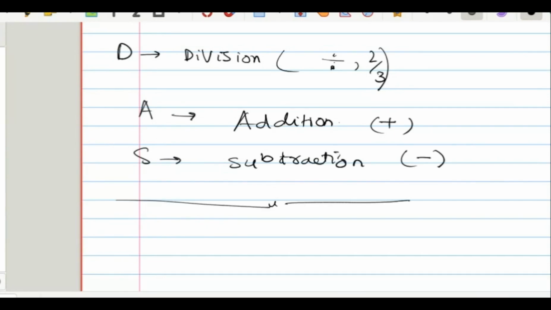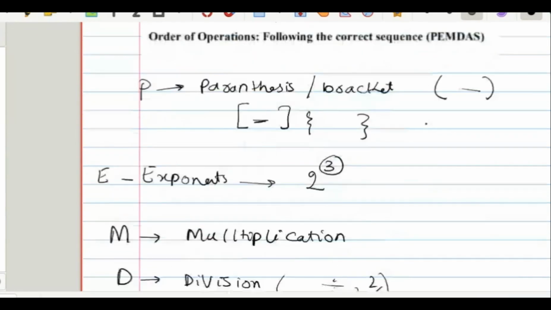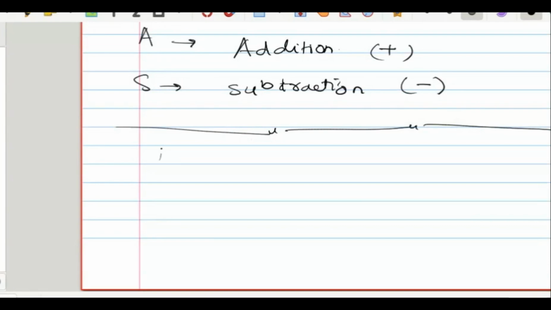So let me explain a little bit about this topic. This is PEMDAS, a very important thing. Dear students, please remember, let me write here with the red pen. Remember this sequence. First is P, parentheses. Second is E, exponents.